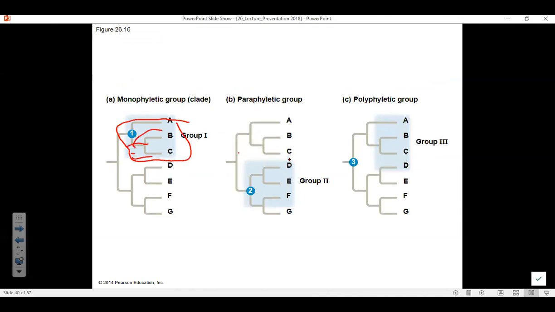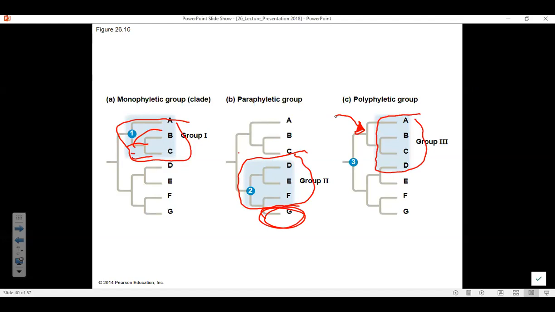If you have a paraphyletic group, you have a common ancestor in most of the descendants. This guy got left out if you're just looking at the shaded part. And polyphyletic, that means you've got descendants that are similar to each other, but what are you missing? What is not included here?